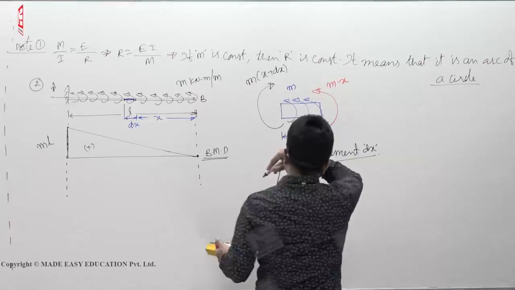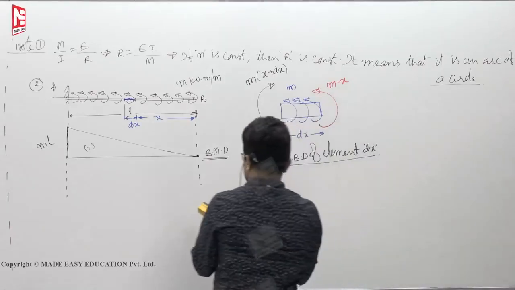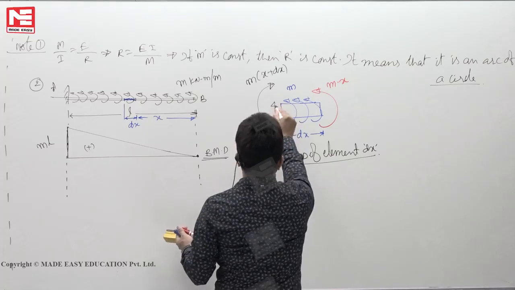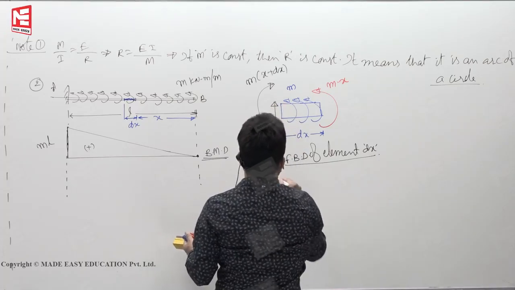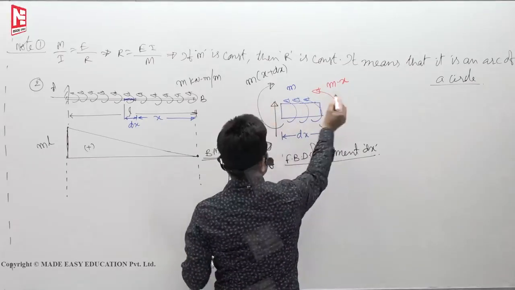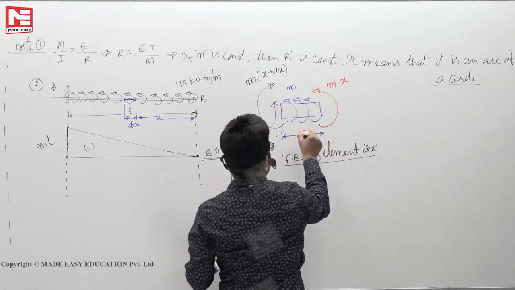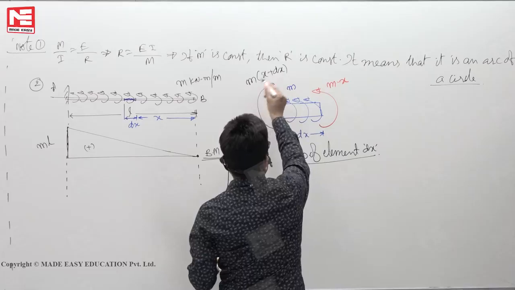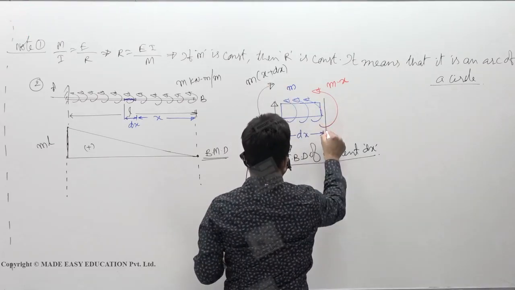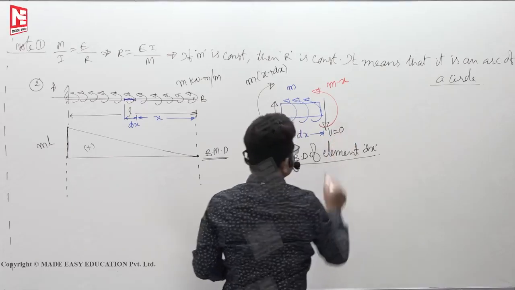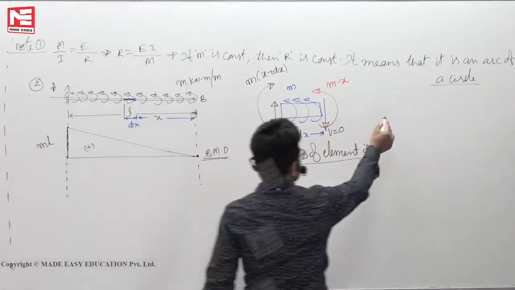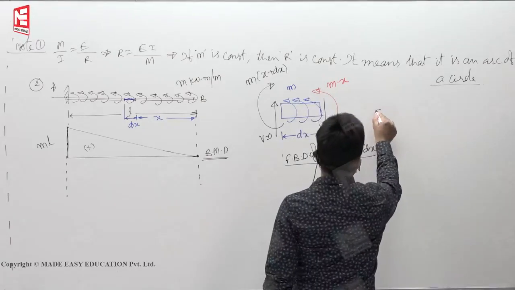Now you see, if I take the shear force also, assume that you are making a shear force here, let us say this is V, like this. Then, since it is already in equilibrium, this is m into dx, this is mx plus m dx. This shear force will be 0 here, and this also will be 0. No shear will develop, because you see, take moments of all forces.